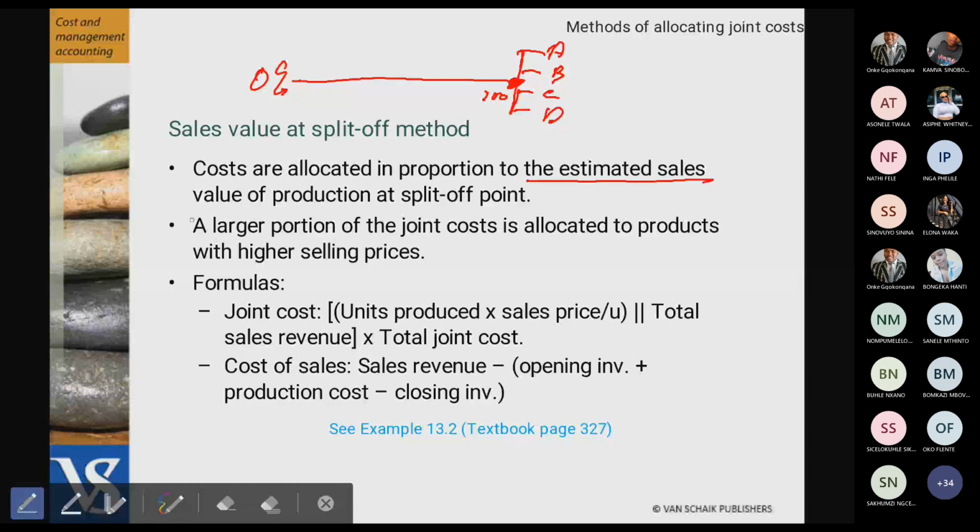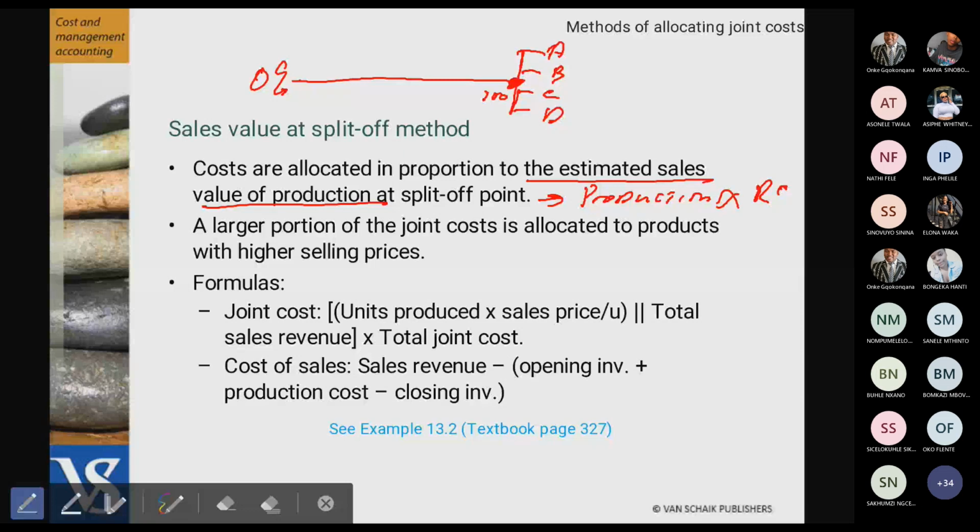We are using the estimated sales value of the product. To work out this estimated sales value, you take your production units and multiply them by the selling price.